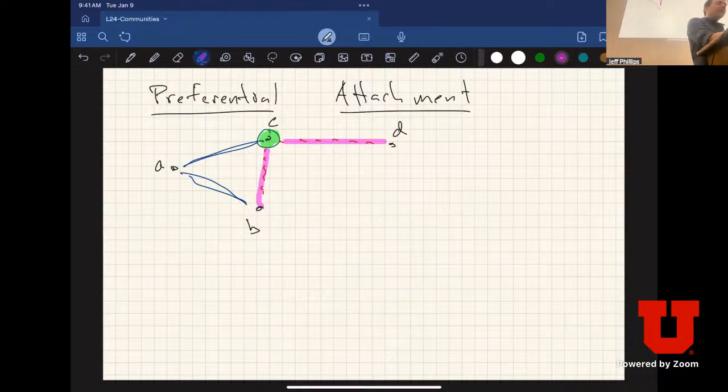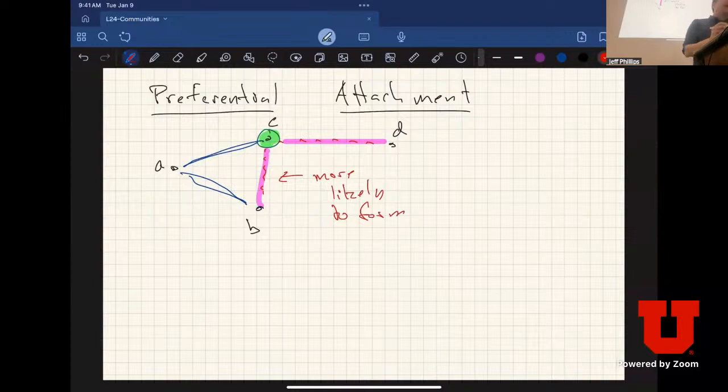Okay, and so this is independent, again, of what the network is trying to do to promote these tightly knit groups, but it's more likely that this edge forms.